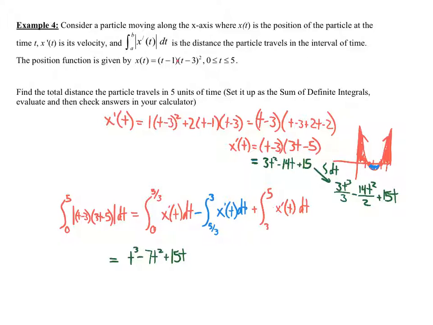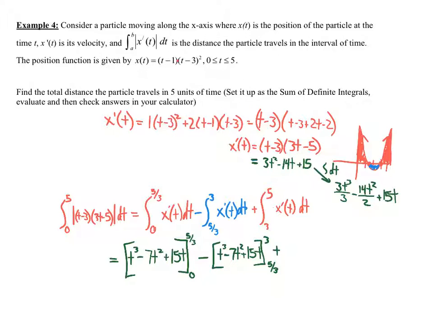So now, I've got 3 of these. I've got to evaluate one of them from 0 to 5/3. I've got to subtract one of them evaluated from 5/3 to 3, and notice I'm subtracting that one.